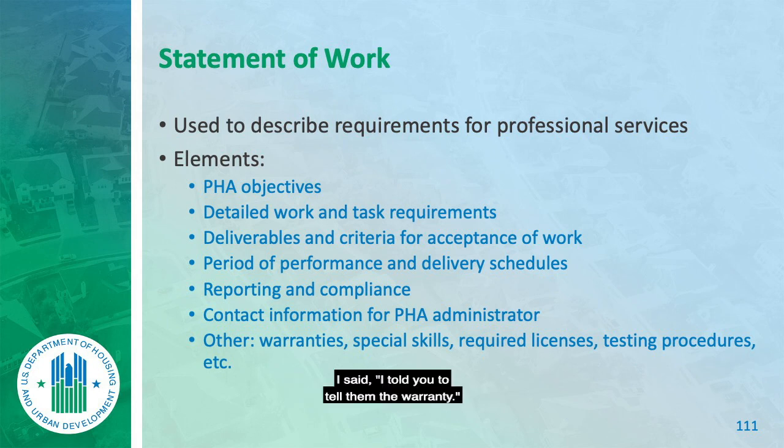I said, I told you to tell them the warranty. And it's in my training manual, by the way. And they said, well, we didn't know. How could we have known what warranty we wanted? Well, it really is as simple. Go down to that appliance shop on the corner and ask them, I'm going to do a bid for appliances. Will you respond? Sure. Going to buy 600? Great.